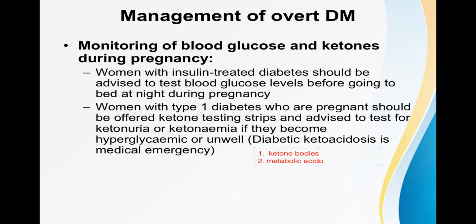If you confirm this metabolic acidosis by doing arterial blood gas, ABG, probably this is caused by diabetic ketoacidosis. And metabolic acidosis is defined as when bicarbonate level is low and pH is definitely low.